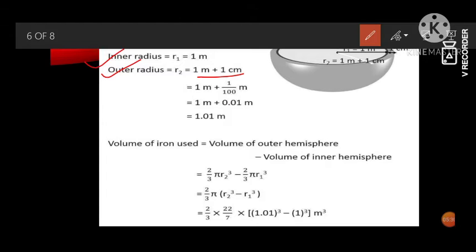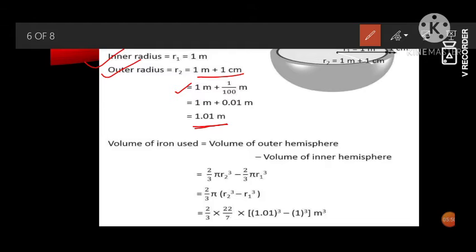So the units are different. The units are meter and centimeter. So we have to make them into the same unit. So 1 meter plus 1 by 100 meter, which is 0.01 meter. So our outer radius will become 1.01 meter.